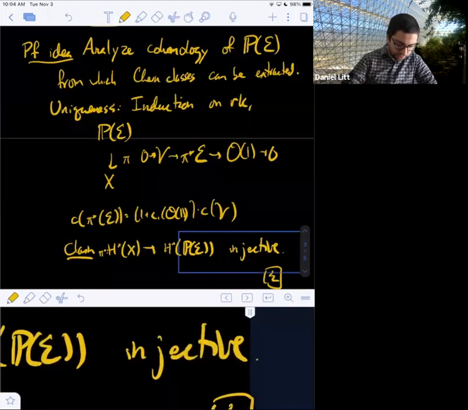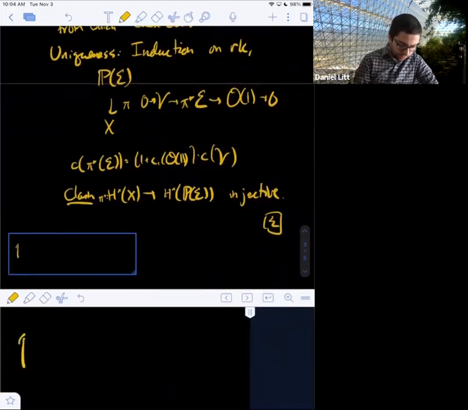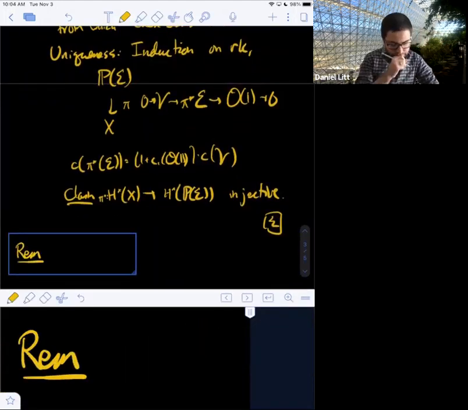Okay, so I want to make some remarks about this because it in principle will show up for us, although I'm going to punt a lot of the ways it does show up.